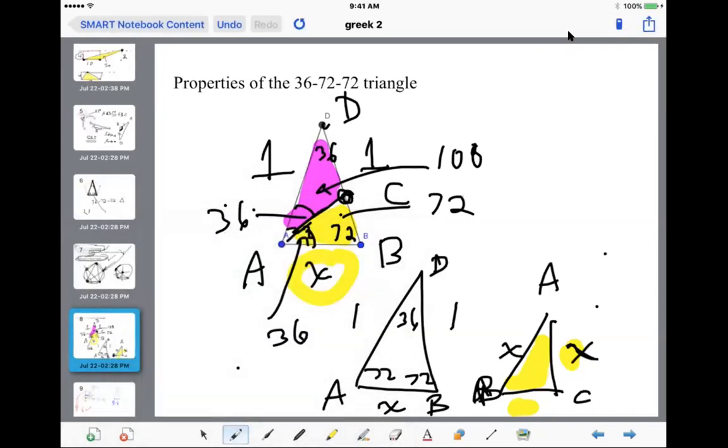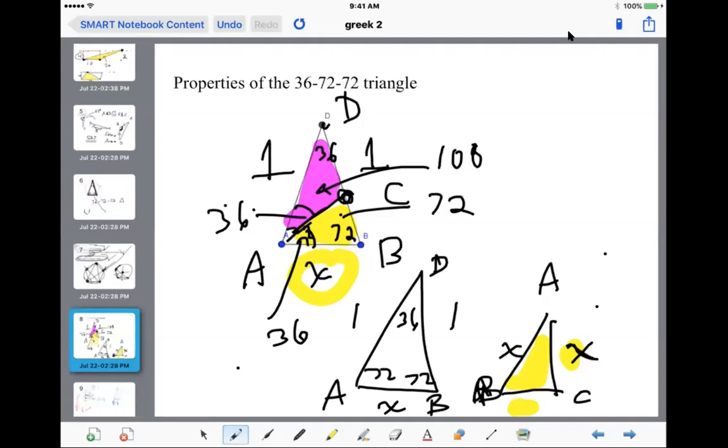But now here's the big question. What about BC? Do I know anything about BC? BC doesn't equal AB. It's smaller than it. And it's not 1, because 1 is actually bigger than x. x is a little bit less than 1.